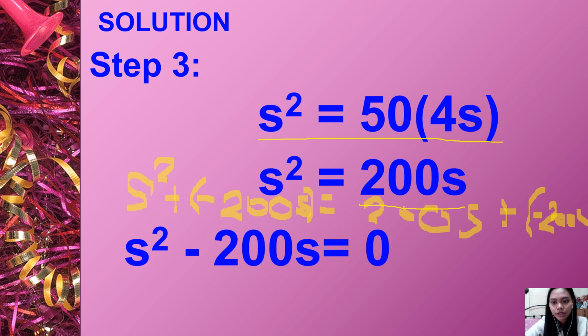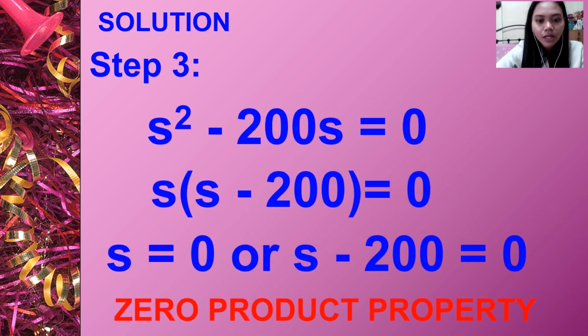Okay, this is 200s. Now, in simplifying, 200s plus negative 200s is 0. And this one, you have to simplify plus then negative. So, meron kang s squared minus 200s. Now, kung mapapansin ninyo, s squared minus 200s, by lecture number 1, using common monomial factor.